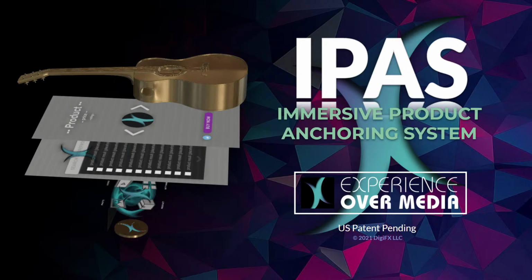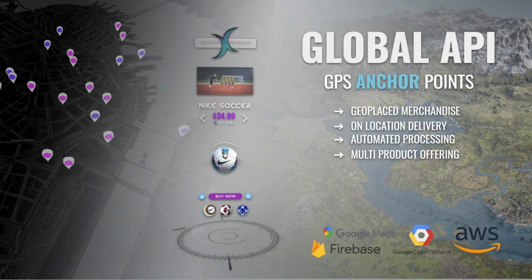There's a few examples I'll go over real quick that you saw within the demo. There was our geolocation anchor system, which uses a lot of systems to make it happen. You see some of the companies down in the bottom right that showcase that. And essentially, this allows us to use the APIs within Google Maps to propagate these products based off of categories or themes, and then we can use other systems to actually funnel the data and information and payment processing and actually get the item to you in real time.